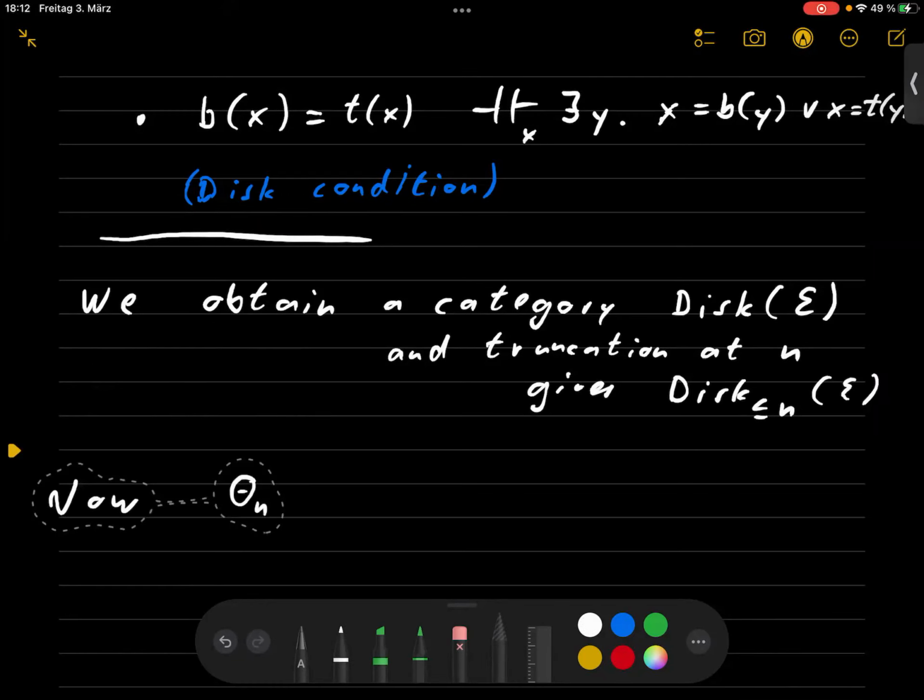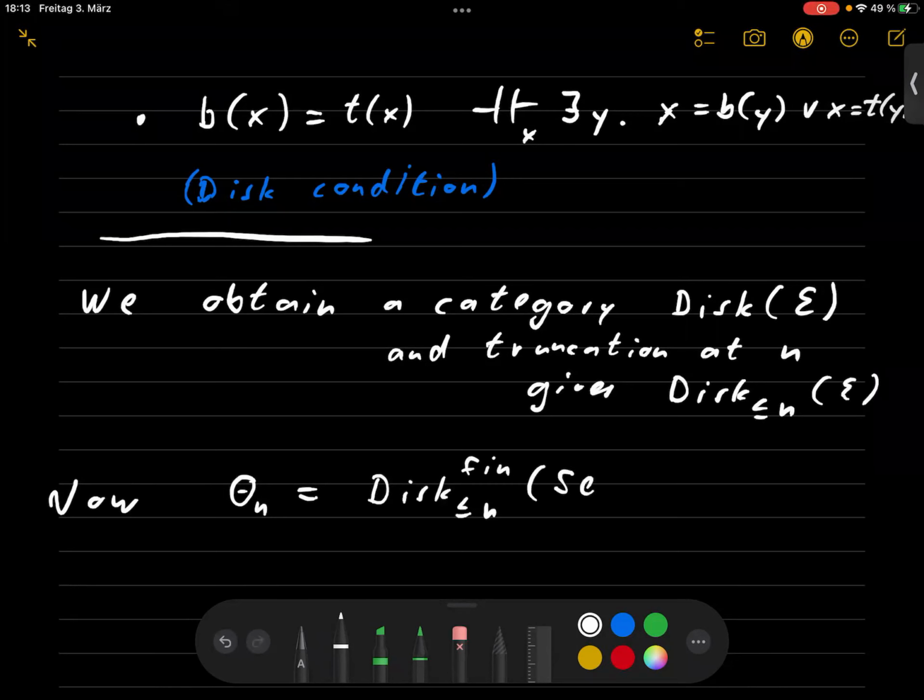And what we have is that Theta_n is the category of now additionally finite disks. So we have disks that are finite and that are in sets. So just set-based disks, and there are finitely many places, less than some n, and all the points that we choose there in these intervals are only finitely many points.